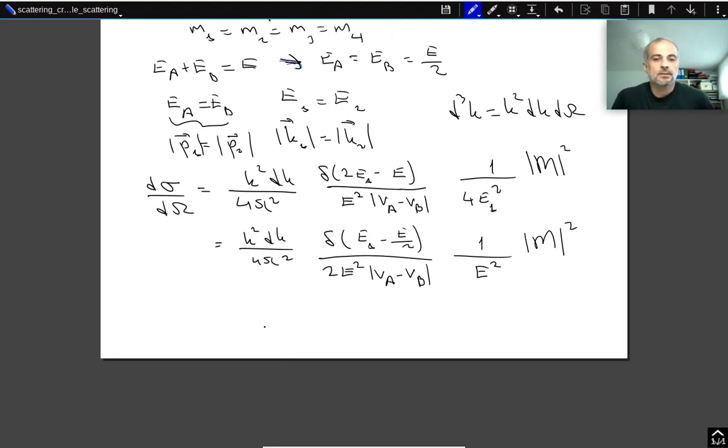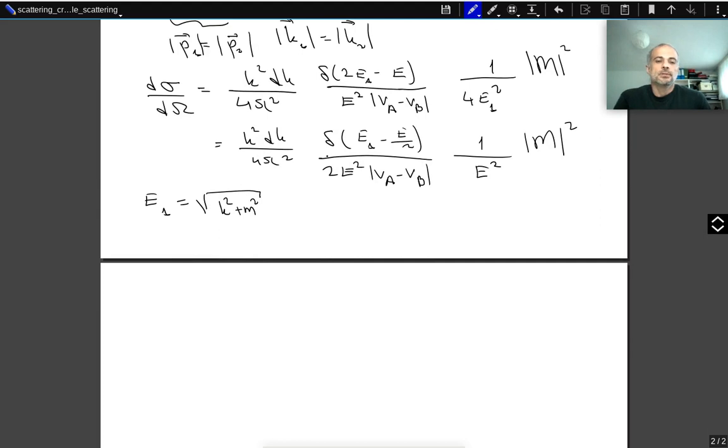Now here E1 is given by the square root of k squared plus m squared, m being the common mass of all the particles. So here m1 is equal to m2 is equal to m3, m4. I call all of them m.